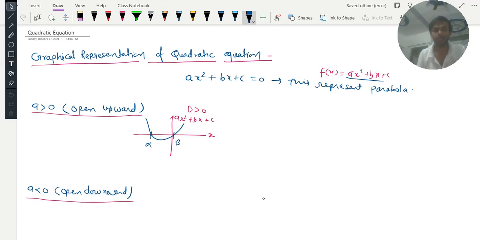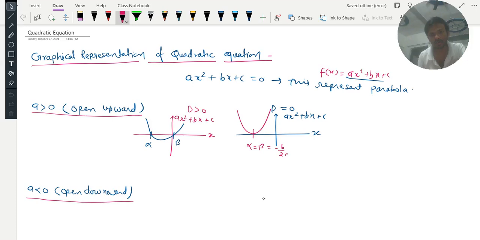Okay, if the value of the discriminant is equal to 0, then this parabola will touch the x-axis at one point. It means alpha is equal to beta, which is equal to minus b by 2a.